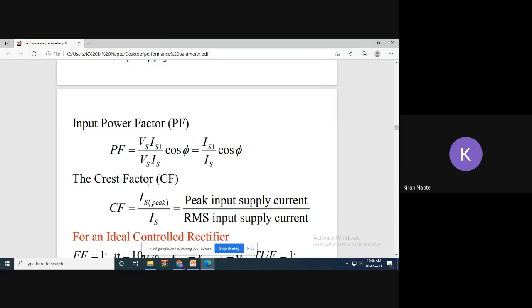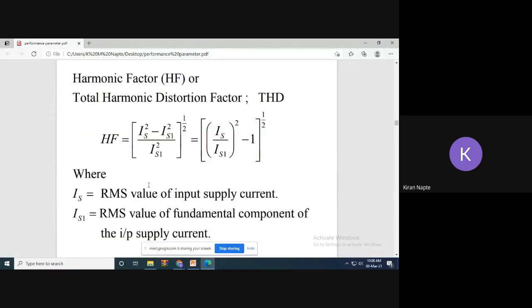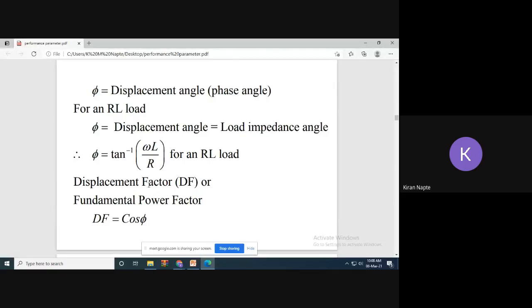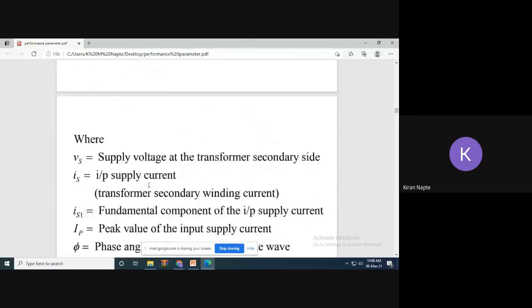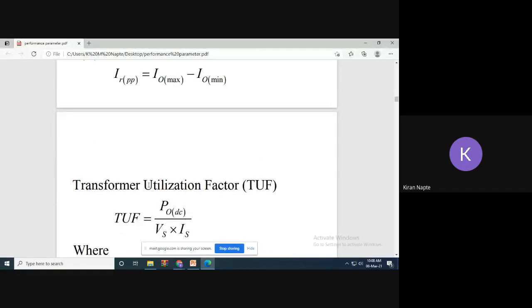So what is there basically? We have seen 8 to 9 performance parameters. In that, one parameter is crest factor, right? Then next we have seen input power factor, then harmonic factor, then displacement factor, then transformer utilization factor, TUF.